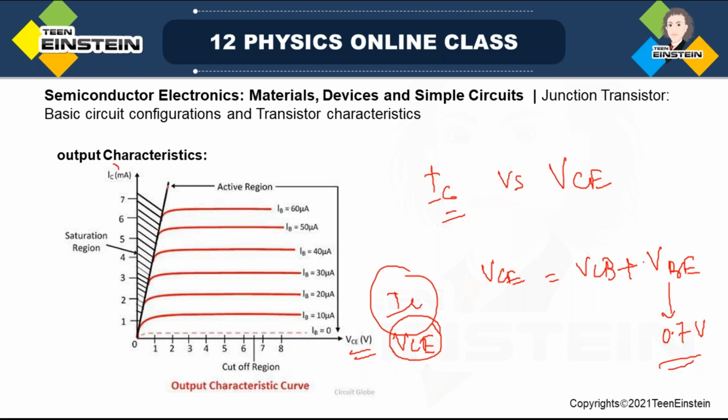So you can see this curve, okay, this shaded region, this is called saturation region. This actually happens below even this much voltage, below 0.7. Below 0.7, IC changes linearly with VCE. Okay, and it has a rapid change.